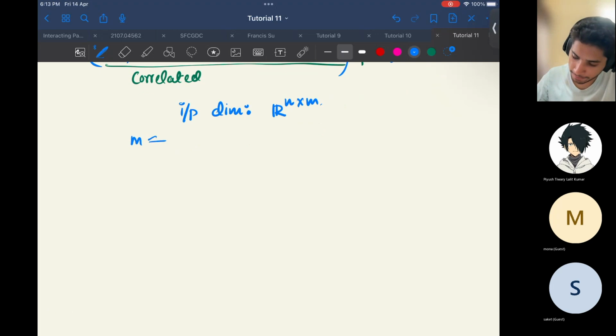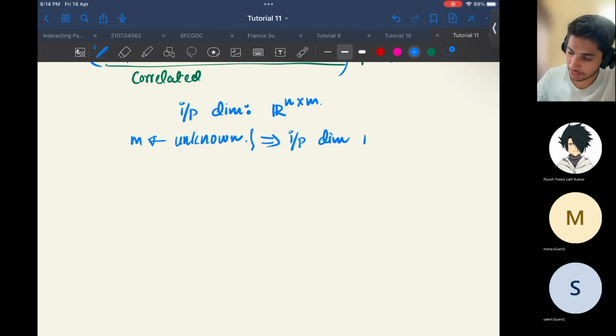So m here is unknown. For example, if the input is a sentence, I don't know how long the sentence is going to be. So how does one deal with such problems? Just to make it very explicit, if m is unknown, this means that the input dimension is unknown, right?